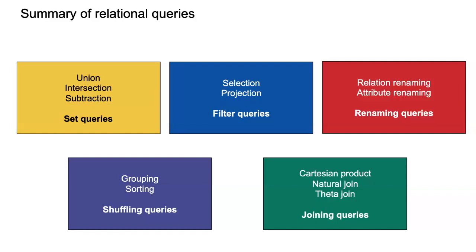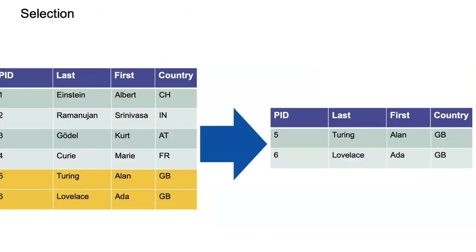Probably you already have it if you studied the relational database lecture, but especially in big data, we'll see that grouping and sorting is expensive, much more expensive than the others, and joining even more expensive, right? So that's the Cartesian product, natural join, and so on. But let's go through them to make sure.